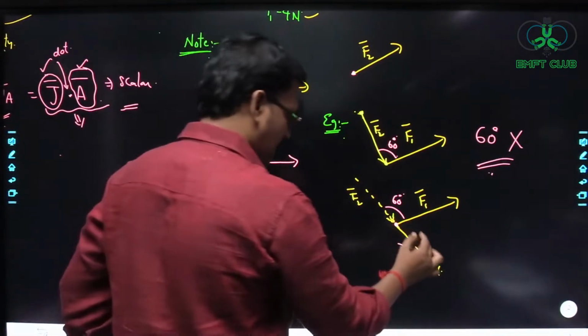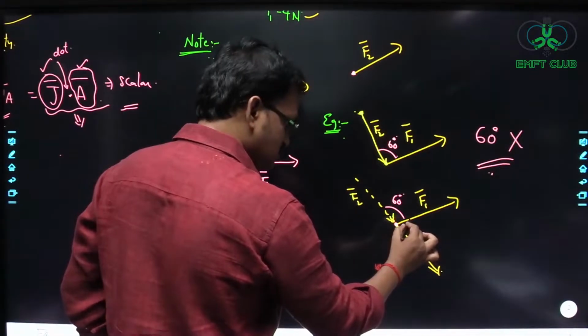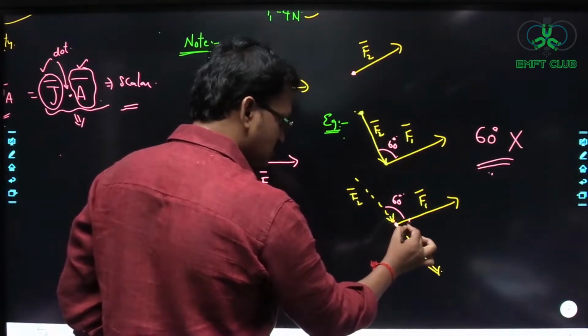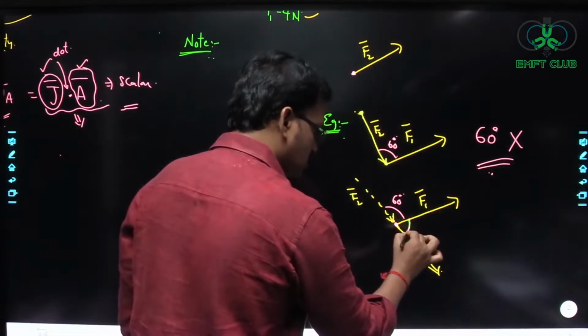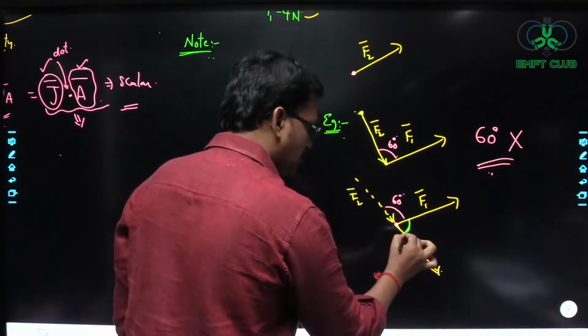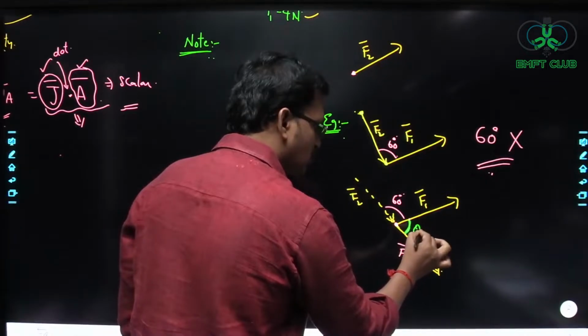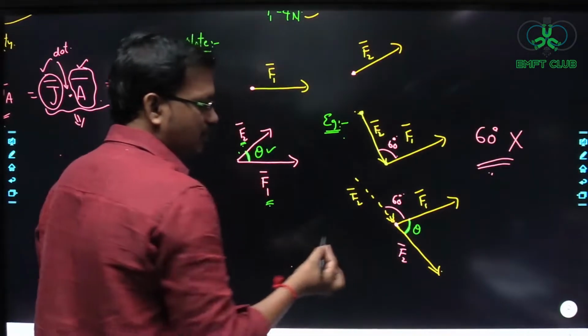Now, what is the angle here? This is the least possible angle between F1 bar and F2 bar, yes or no? So this you have to tell as the angle between F1 bar and F2 bar.